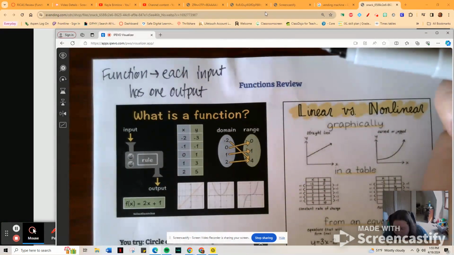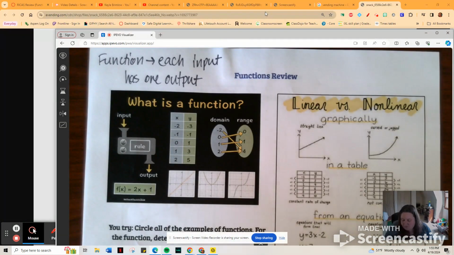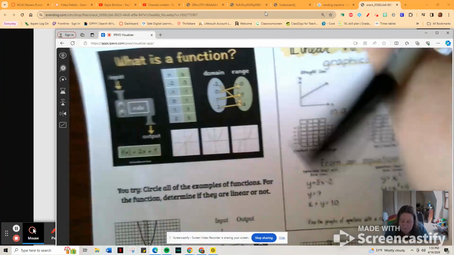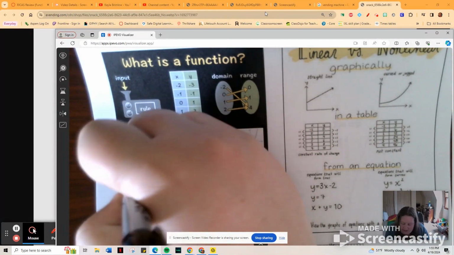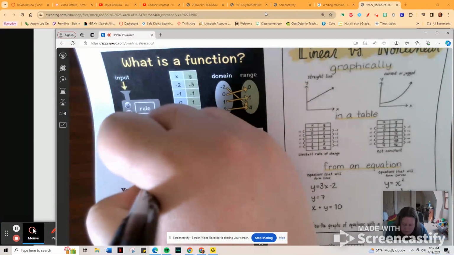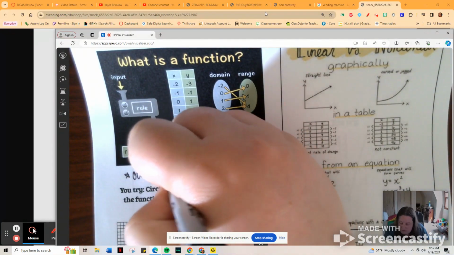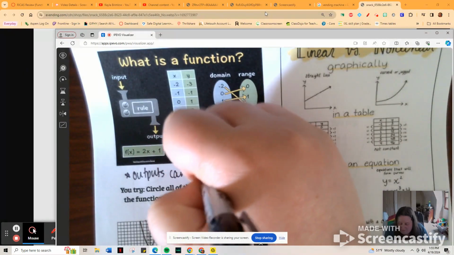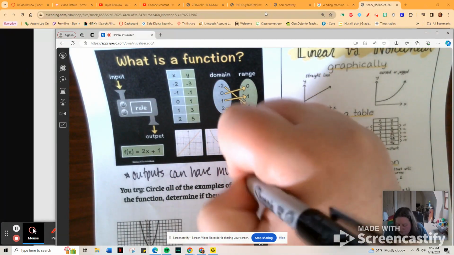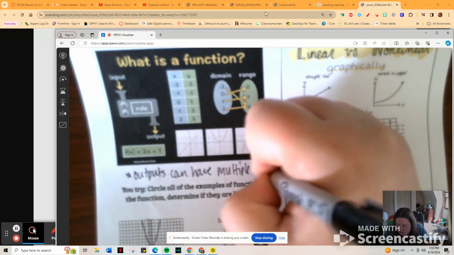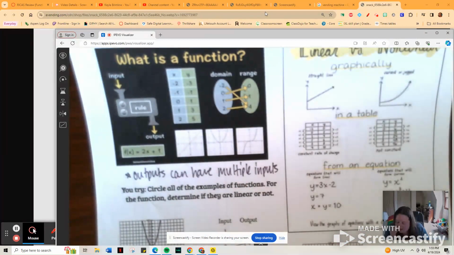So these are some examples of functions. So I just want to add the note, as I said, that outputs can have multiple inputs. Okay.